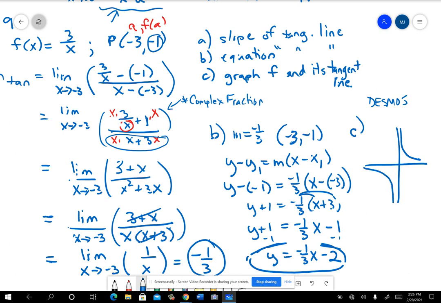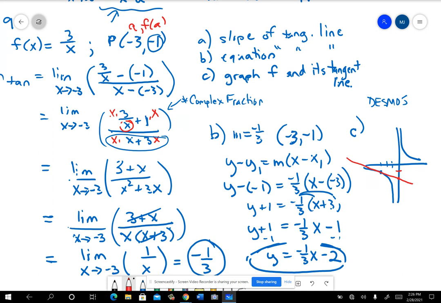And then over here at negative 3, you'd have that point negative 3, negative 1, and the tangent line would be doing this, where it crosses right here at negative 2, with a slope of negative 1/3.